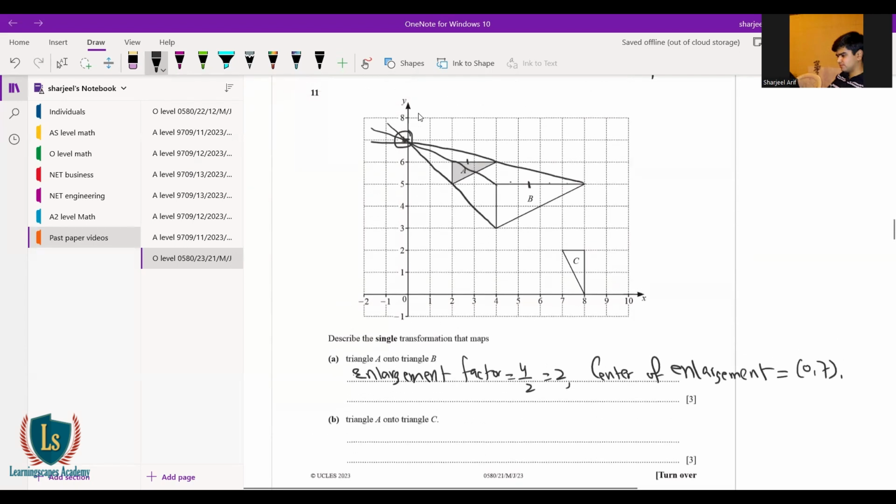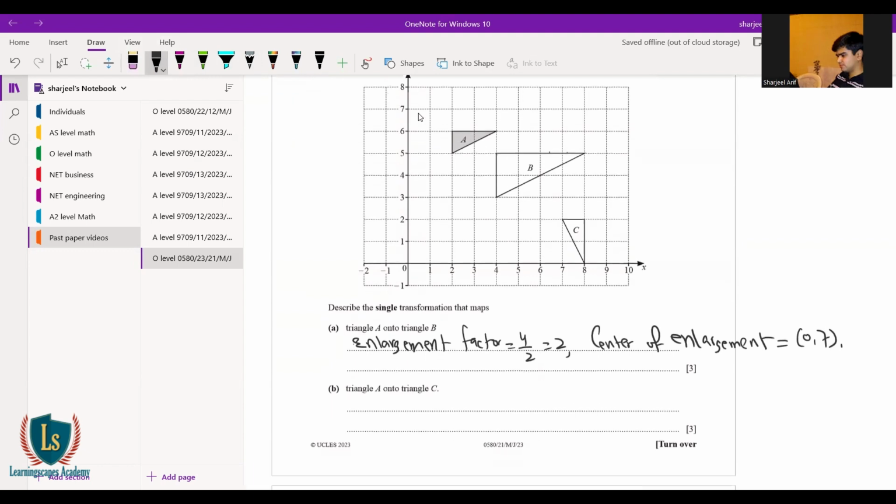Now we have to find a single transformation that transforms triangle A onto C. So A and C, it's a rotation. So we have to find a perpendicular line because the shape changes by 90 degrees. So we will have to draw a 90 degree between the relevant coordinates.